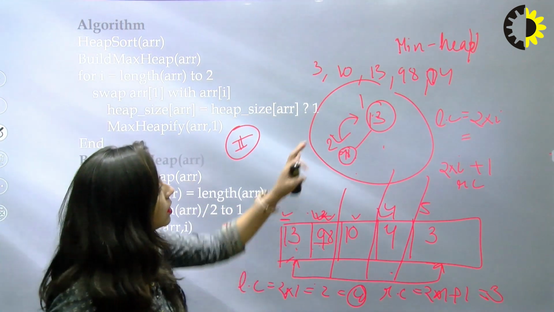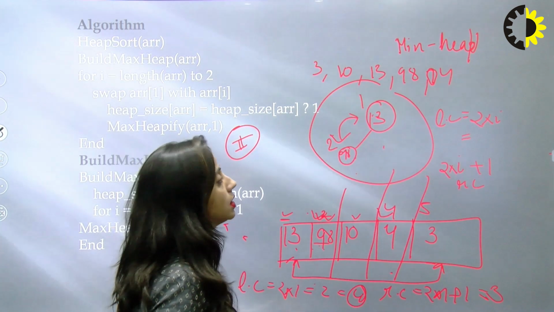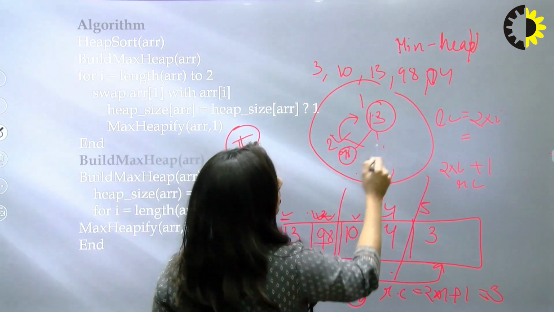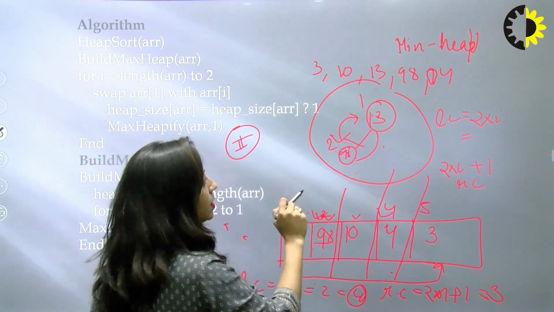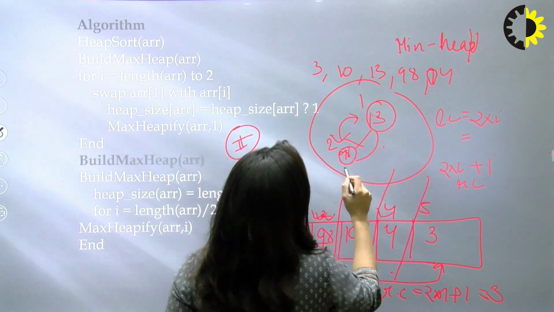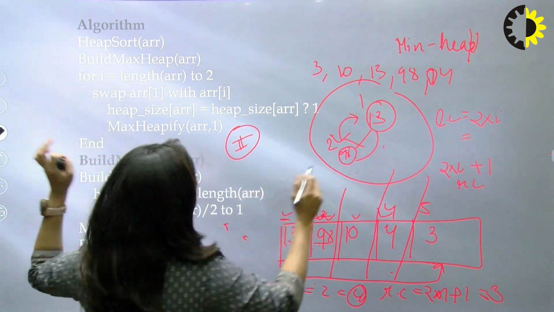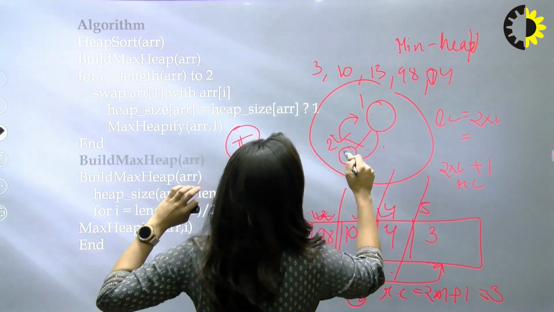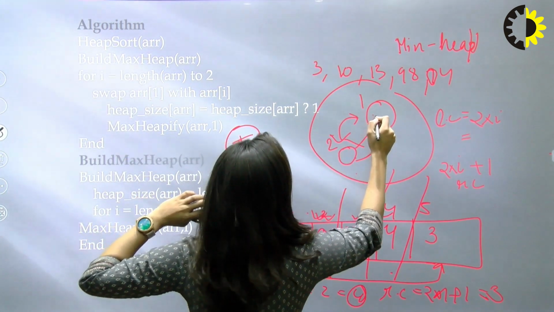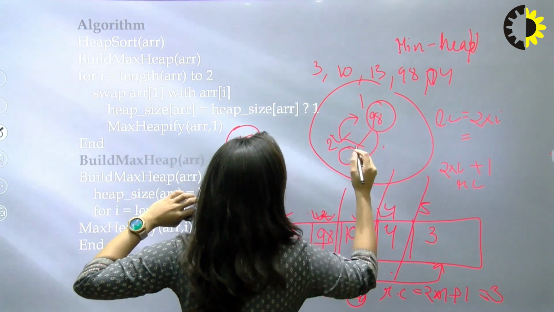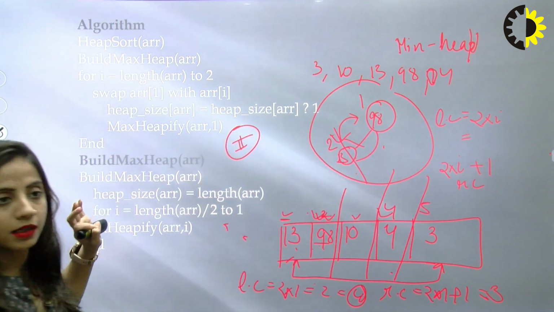So now what you will do in deletion form, you will just simply replace it with its leaf node, and the leaf node is only 98. So 13 will be replaced here. And this will be considered deleted.